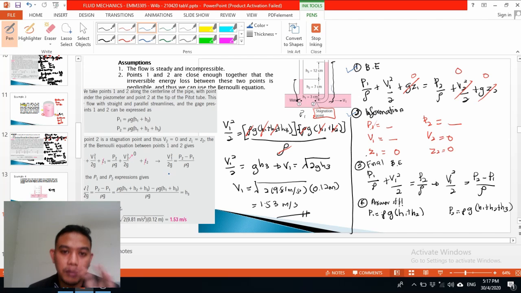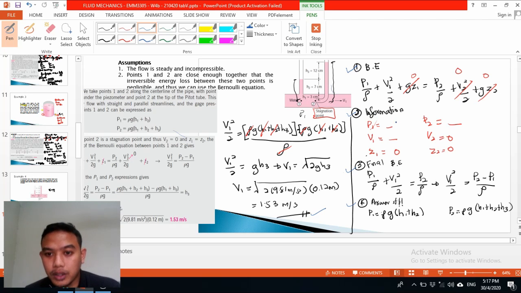So this is the main thing that you need in order to cancel terms and get the final Bernoulli equation. Once you get the final Bernoulli equation, you can start to answer it based on the information given. Then just answer it and you will get the answer. The most critical things are, first, the Bernoulli equation, second, how to declare the information.